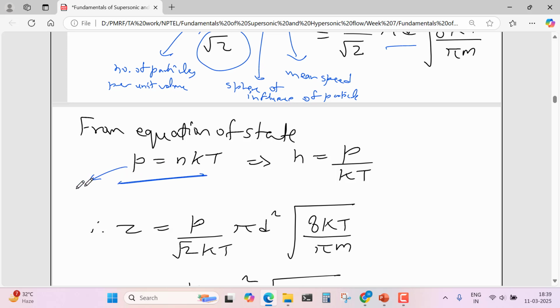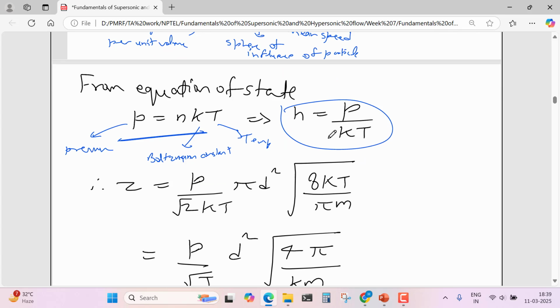P is the pressure, k is the Boltzmann constant, T is the temperature, and n is the number of particles per unit volume. From here we find n equal to P upon kT. We will substitute this value in the formula of Z. So we get Z equal to P upon kT, upon root 2, pi d square under root 8kT upon pi m.